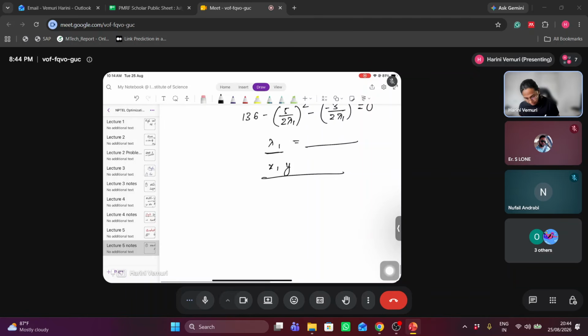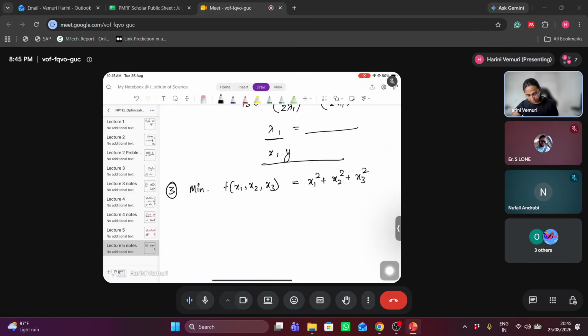So then we have the minimization function f of x1, x2, x3 equal to x1 square plus x2 square plus x3 square. Find the minima with the constraint x1 plus x2 plus x3 minus 6 equal to 0.